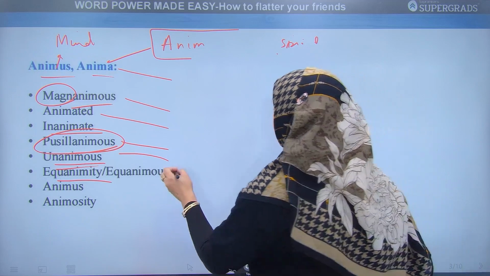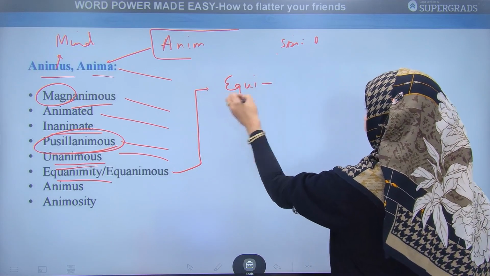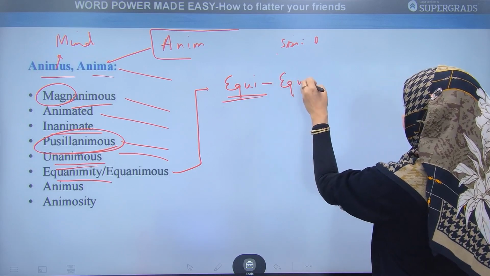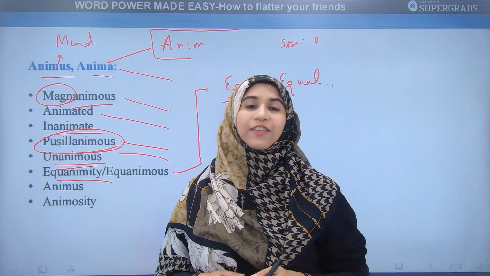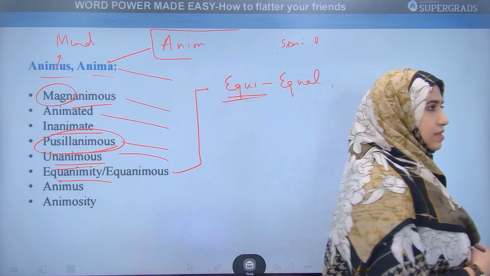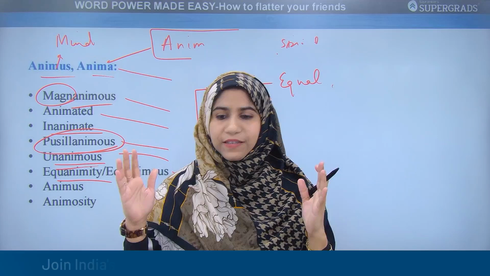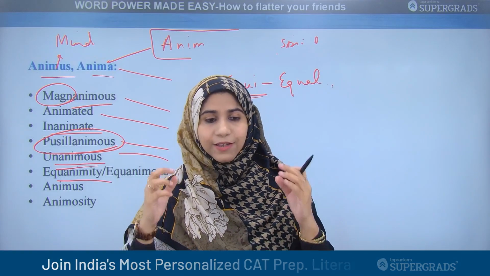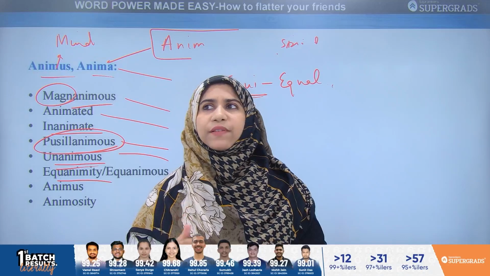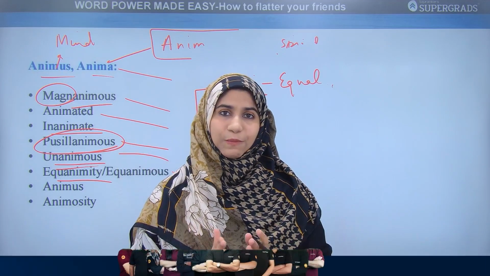Equanimous comes from the root equi, which means equal, and anim, which means mind or spirit. So, equanimous actually means equal mind. Somebody who is very even-tempered, who is calm and composed. Literally, it means an equal mind or an equal spirit, but actually means a balanced mind and spirit.